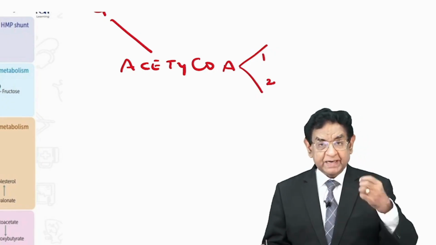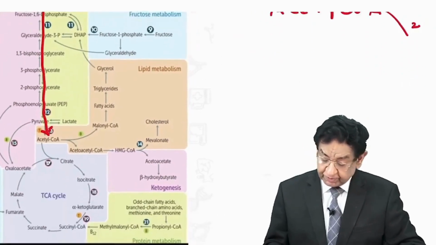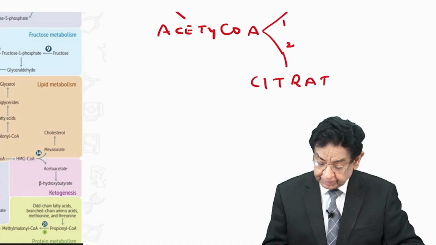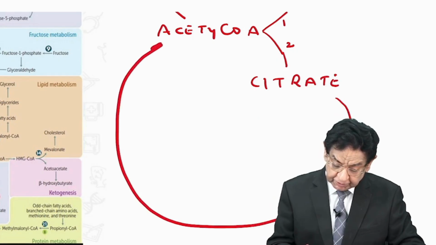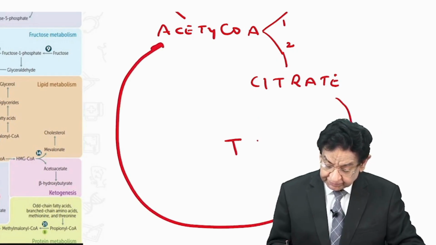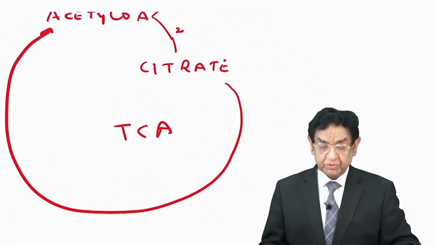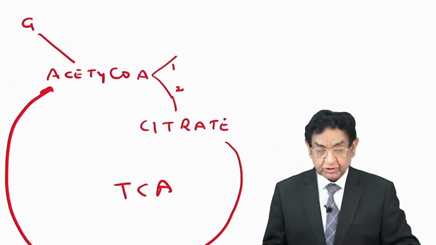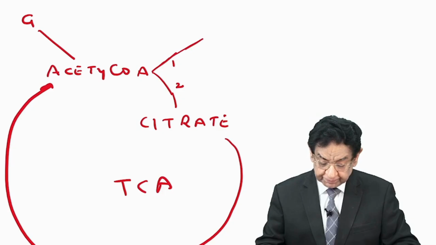It can go to either route. From route number 2, it makes citrate, and this goes into the TCA cycle, well known and very important for glucose metabolism. But today as the talk is lipid, we don't talk about route 2, we talk about route 1.